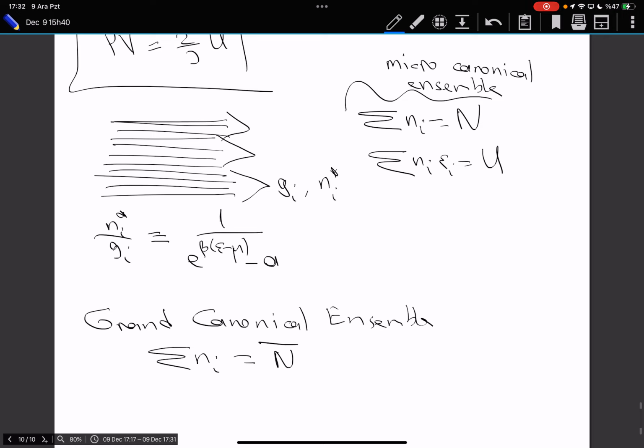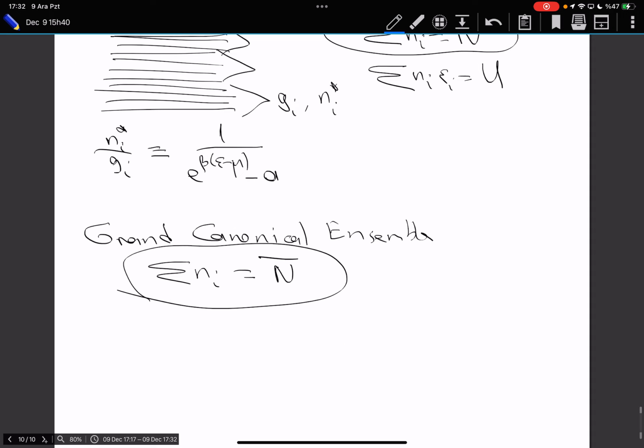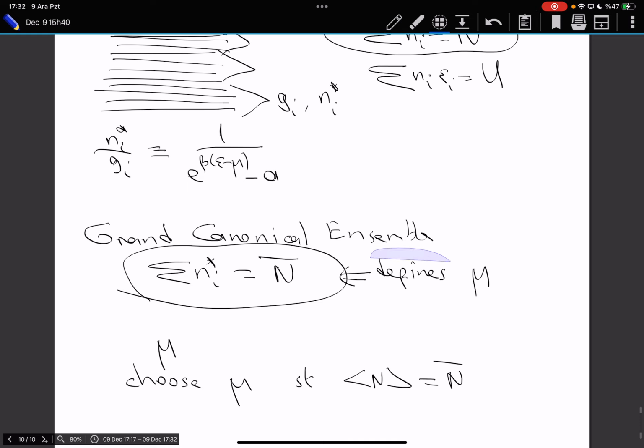So that's a different ensemble. In fact, that was the simplification of the grand canonical ensemble. I don't need to impose this condition. But what I do is I introduce a parameter mu. I choose mu such that the average number of particles is N bar. This equation basically determines mu.